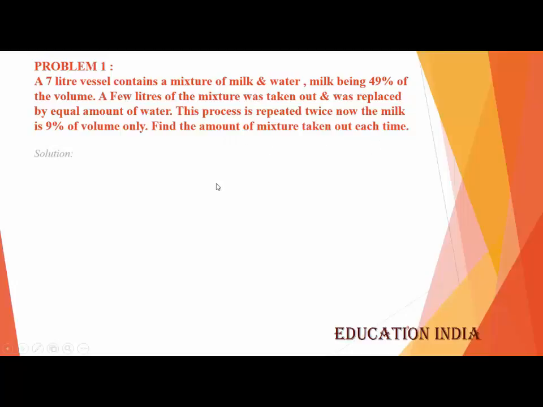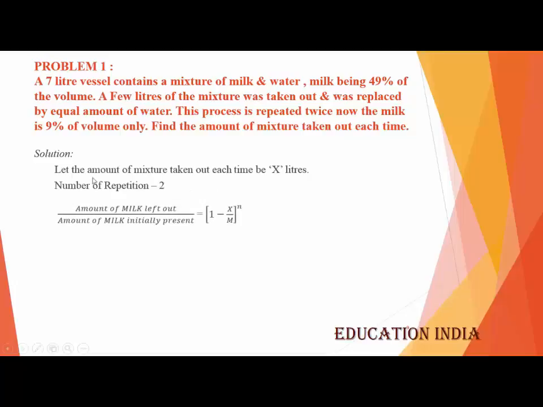First of all, we will gather the data. Let the amount of mixture taken out each time be X liters. The number of such repetitions is 2. As the ingredient which replaces the mixture was water, in this formula we will have the equation for milk.